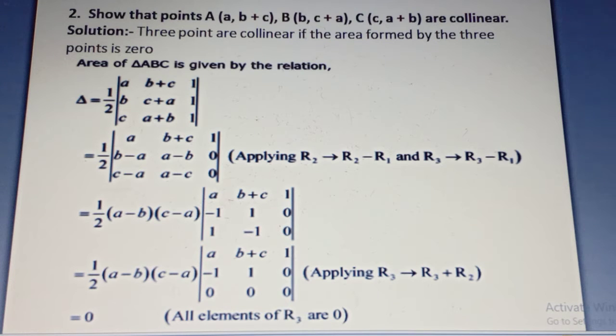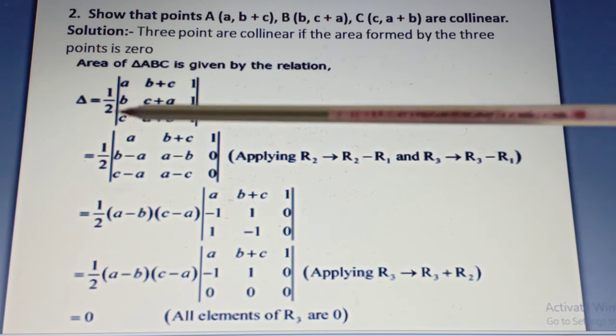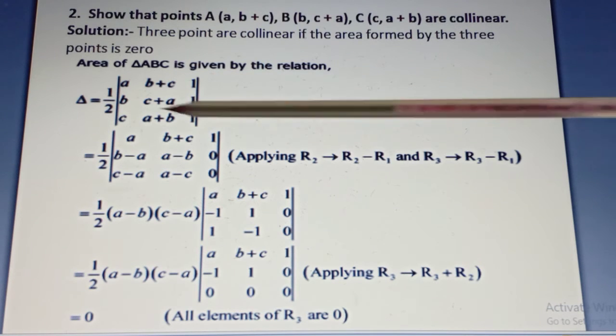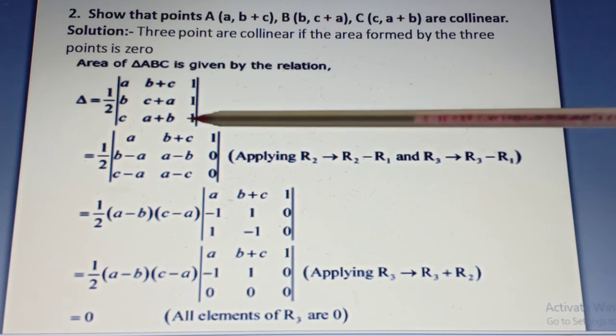So the determinant becomes like this. Okay students, b minus a, here c cancelled, a minus b, 1 minus 1 is 0, then c minus a, here b cancelled, a minus c, and 1 minus 1 is 0.